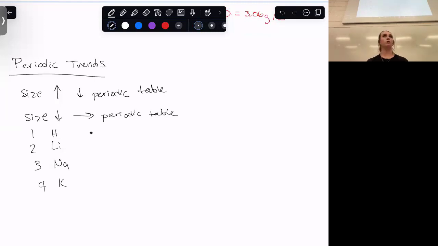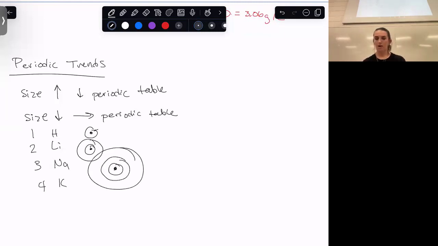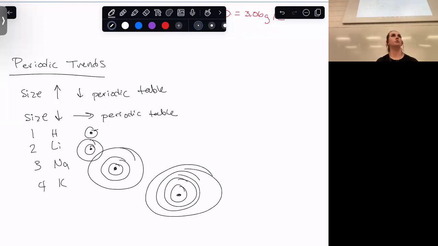So for hydrogen, we're just given the nucleus and then we have one core electron. But as we go to lithium, we now have our first subshell, and then a whole other second subshell. As we go to sodium, we now have 3. As we go to potassium, we now have 4, right? We can see that those core electrons keep on expanding as we go down the periodic table.